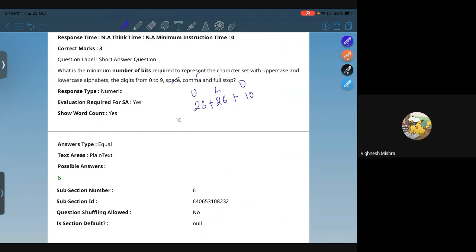So this is 52, 62, 65. So for this we need 2, 4, 8, 16, 32, 64, and one extra bit because we have 65. Yeah. Wow. 65 only.